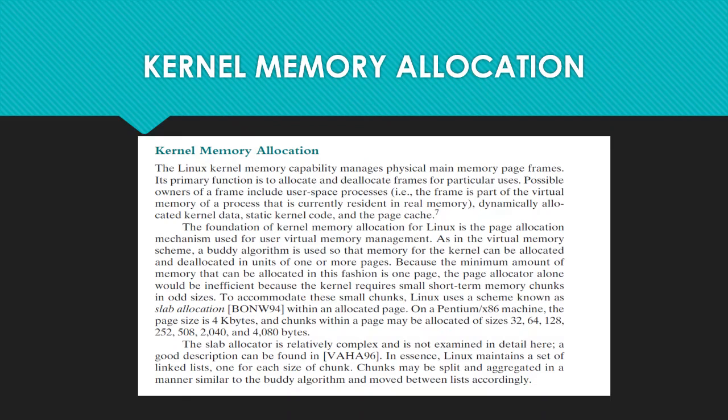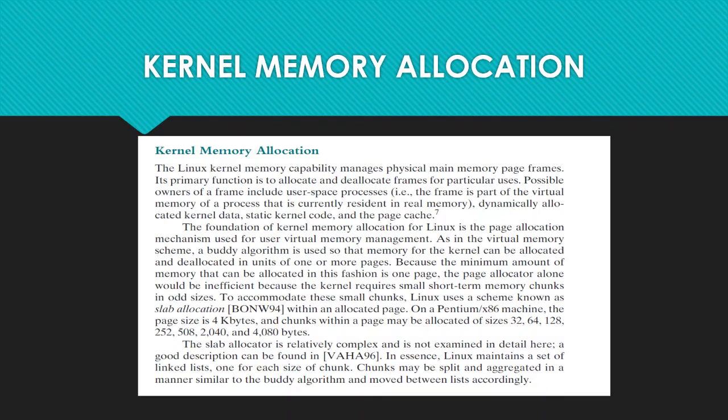The slab allocator is relatively complex and is not examined in detail here. A good description can be found in the reference, which, if you are interested, you can research through.